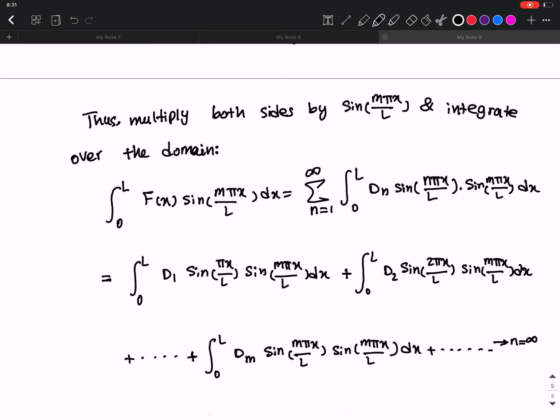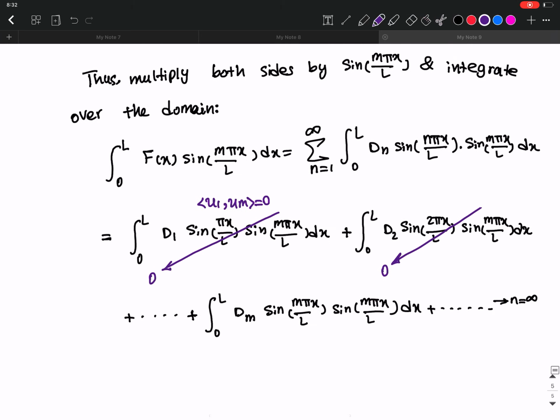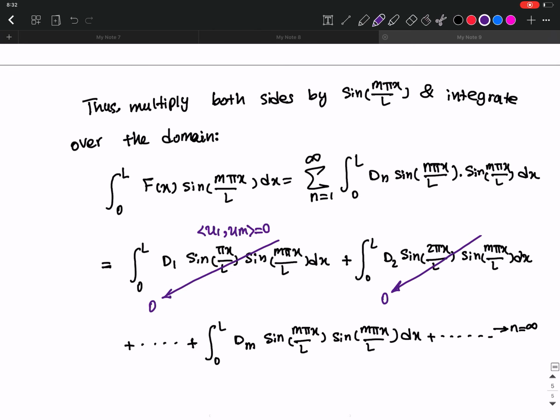Okay, so now I'm going to use this fact. If n and m are not equal, then this integral should be what? 0, right? Because this is u1 and um. This is the definition of that, so this should be 0. The same thing for this one. So all the terms are going to cancel out and become 0, and the only term that remains is this term.